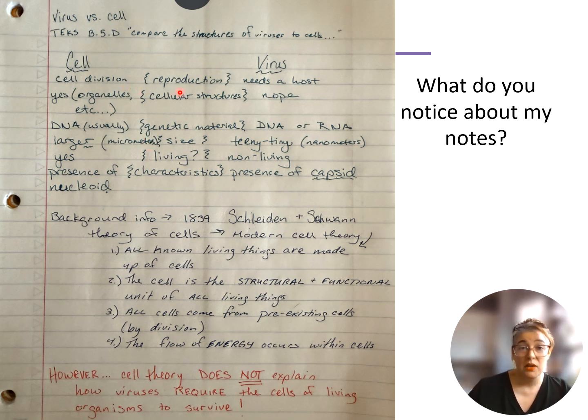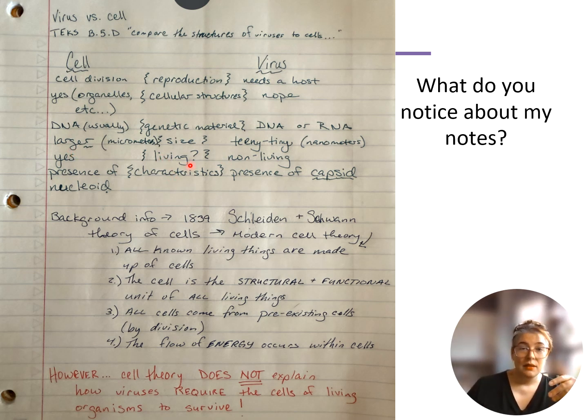So for reproduction, a virus needs a host, whereas cells do it by cell division. Cellular structure, viruses do not have, but cells do. They have organelles. Genetic material, well, cells are going to have that DNA, usually, and our viruses, they can have DNA or RNA. Their size, viruses are teeny tiny, and cells are going to be larger.